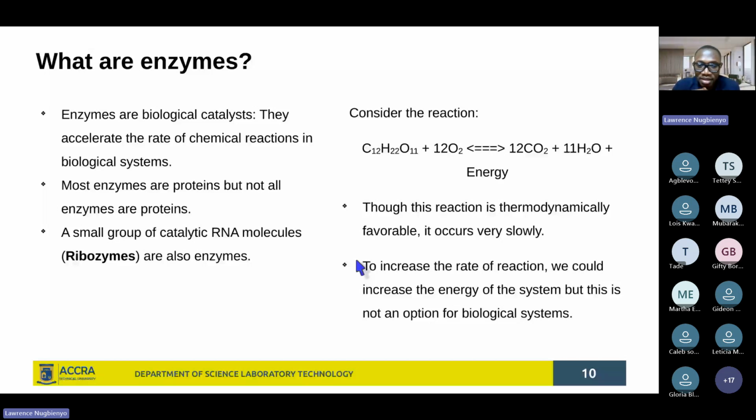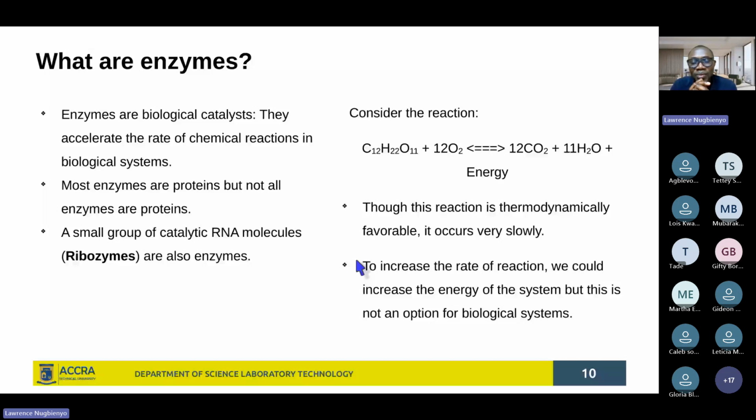You have these molecules called ribozymes, which are RNA molecules, but they can catalyze catabolic reactions of nucleic acids. They are not proteins, but most enzymes are proteins.